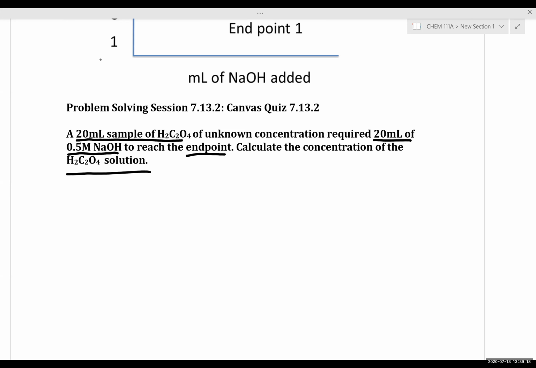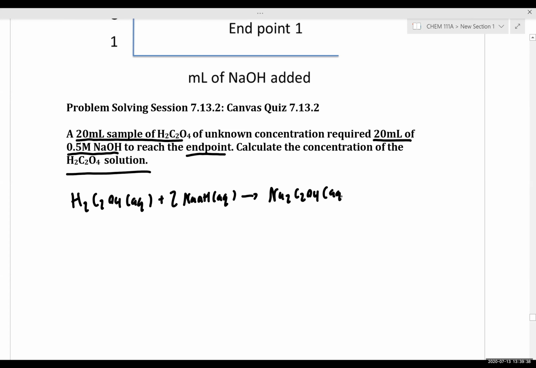Okay, so let's discuss this example. First, as always, we write out our balanced chemical equation. Remember, stoichiometry is built upon a balanced chemical equation. Without it, it's functionally impossible to solve these stoichiometry problems.